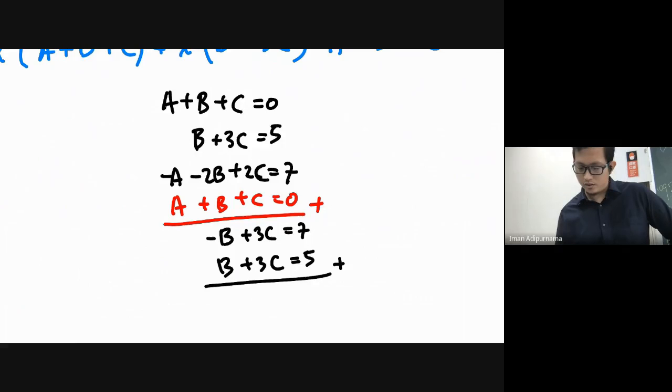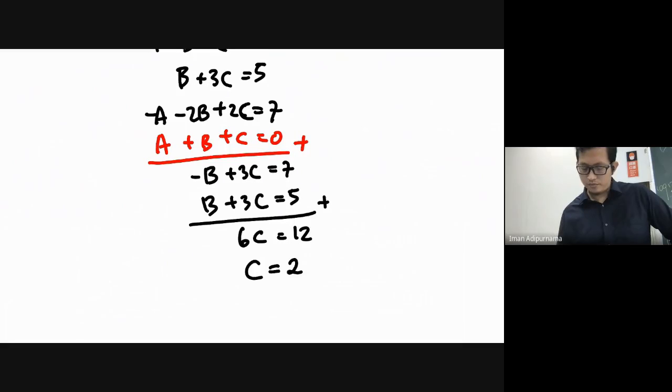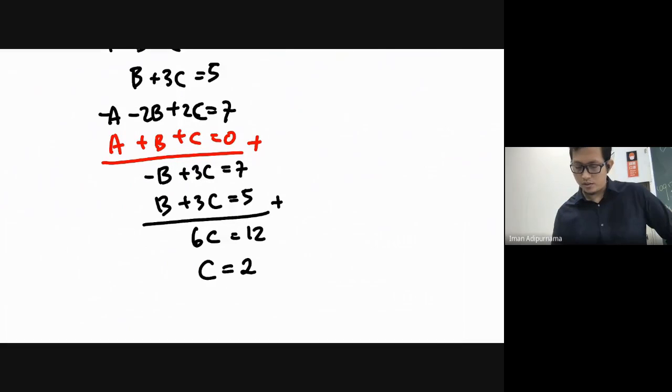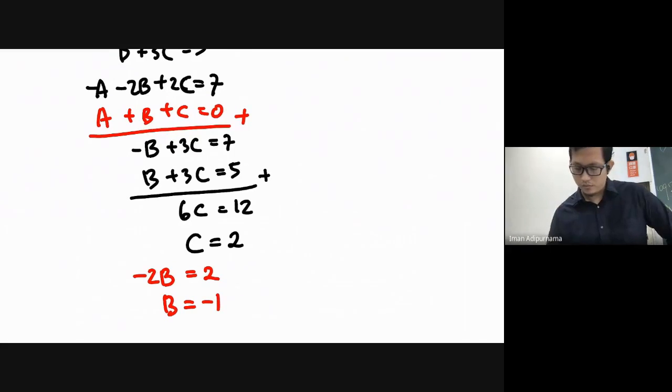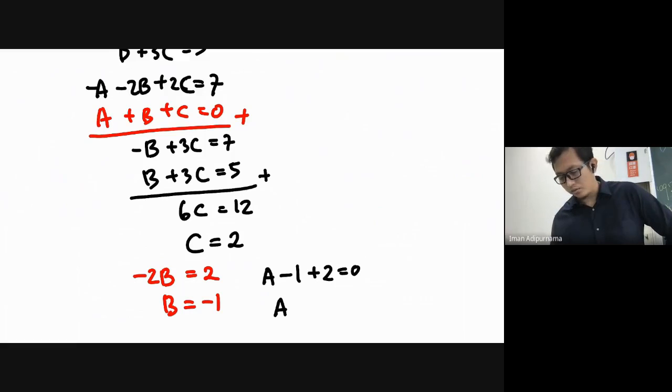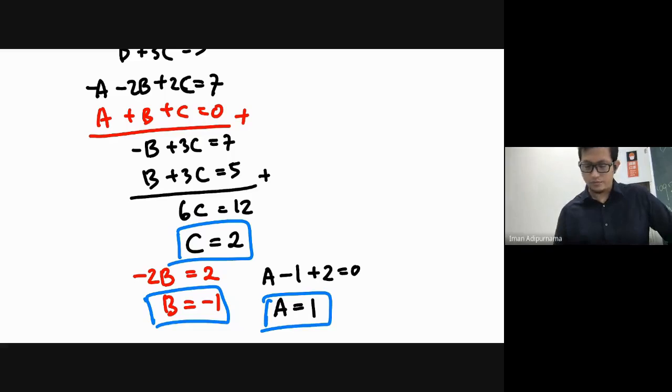We can add this to get 6C equals 12, so C is 2. And then we can also subtract, so B is negative 1. Then A plus negative 1 plus 2 is 0, so A is what? 1, right? So we get C equal to 2, B equal to negative 1, A equal to 1.